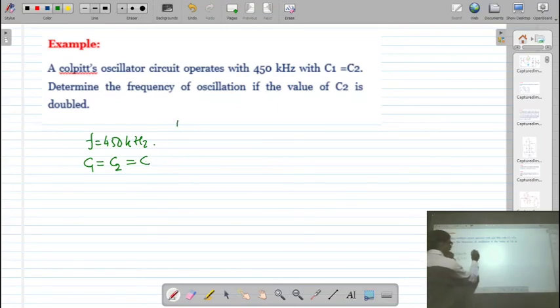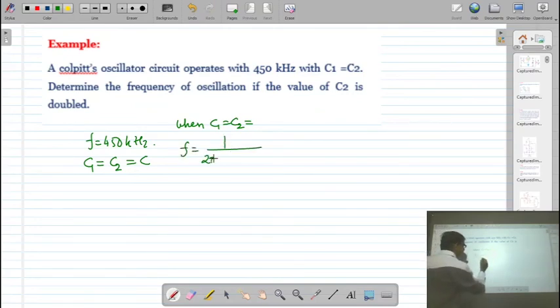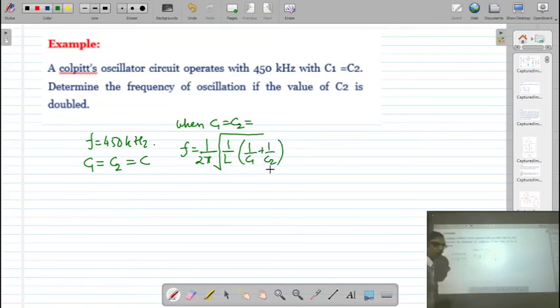So here we can write that when C1 is equal to C2 equal to C, then my formula will be f is equal to 1 upon 2 pi under root of 1 upon L into (1 upon C1 plus 1 upon C2). Correct?